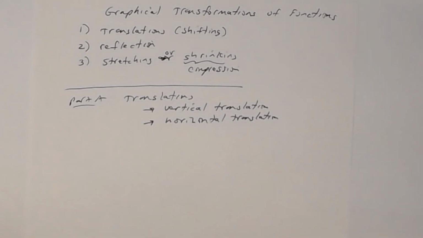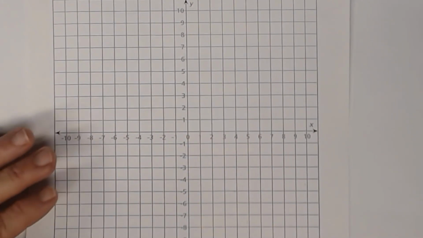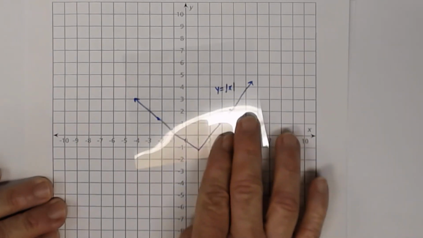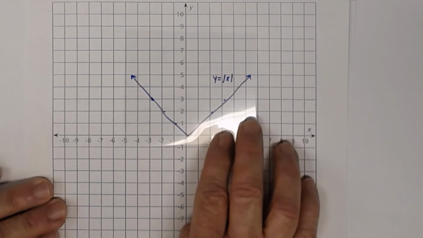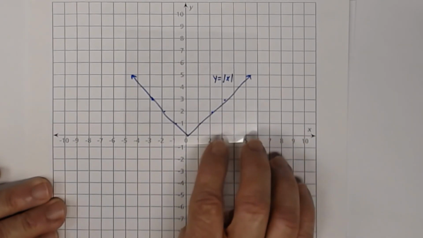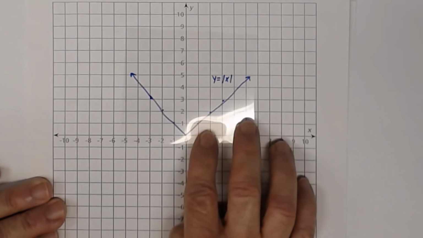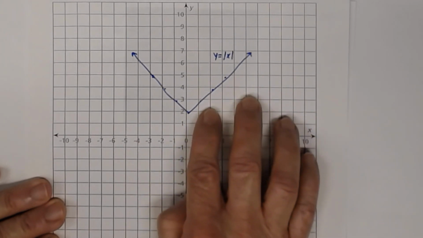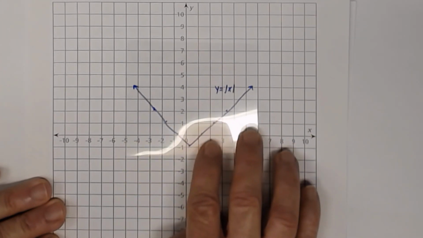So basically what's going to happen is that, and let me go ahead and put this back up here. Basically what's going to happen is that when you graph some of these functions, you're going to notice that, here's the function absolute value of x. That's what the function looks like. So in terms of vertical translation, that's where you're going to move a basic function either up or down like this.